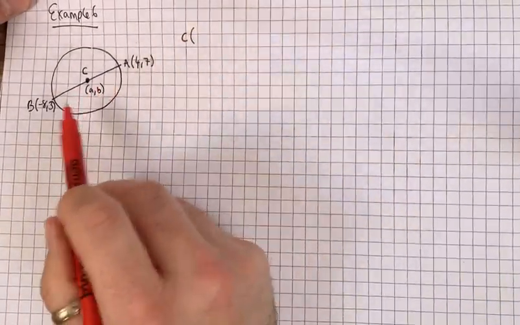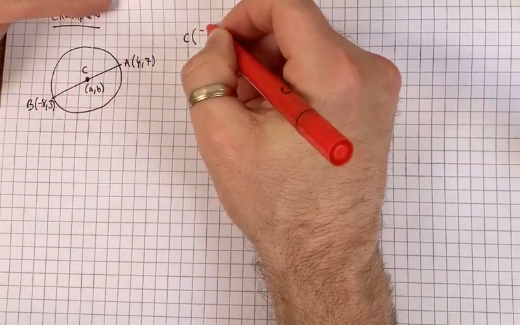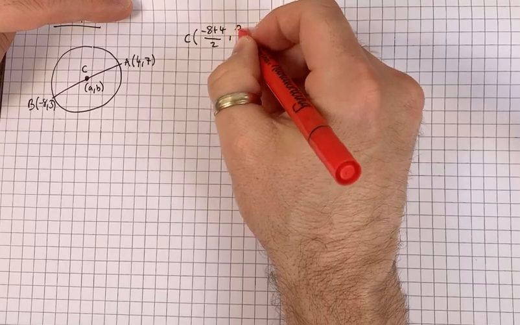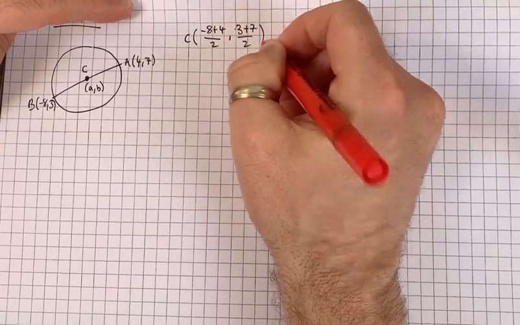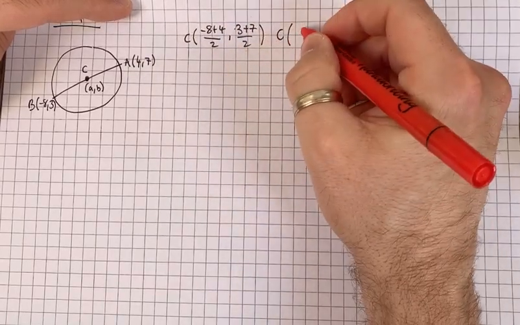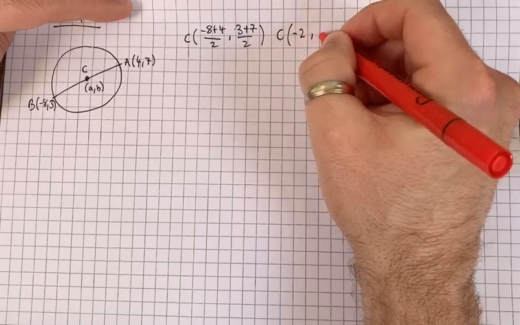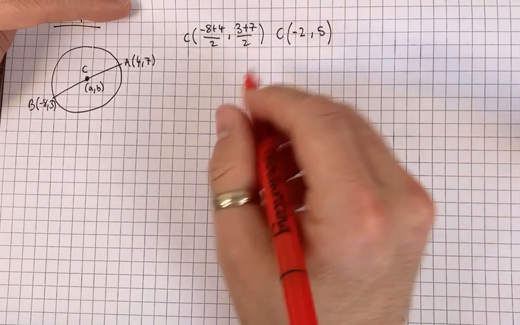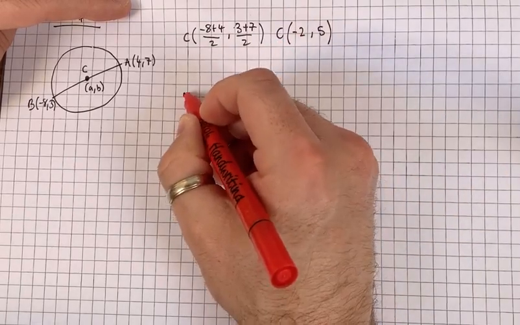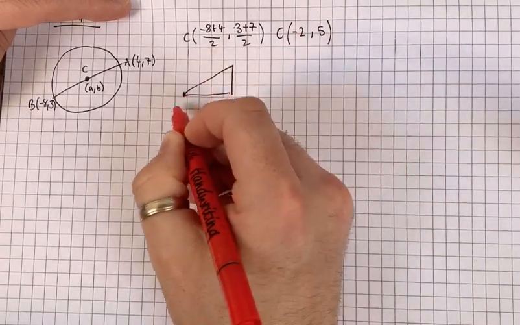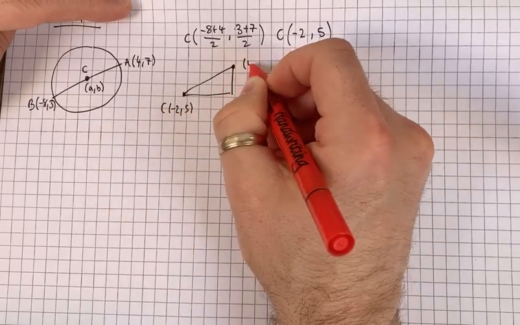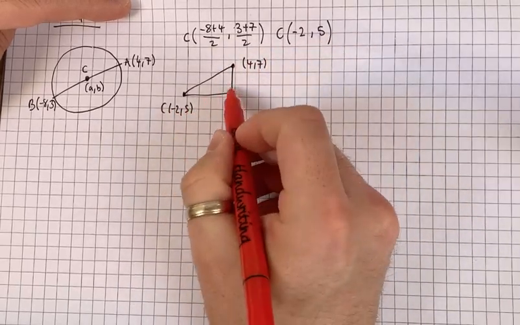So the centre of the circle is going to be the average of the x coordinates, which is (minus 8 plus 4) over 2, and the average of the y coordinates, (3 plus 7) over 2. So the centre of the circle is (minus 2, 5). Now, to work out the radius, the centre of the circle is (minus 2, 5), point A is (4, 7).